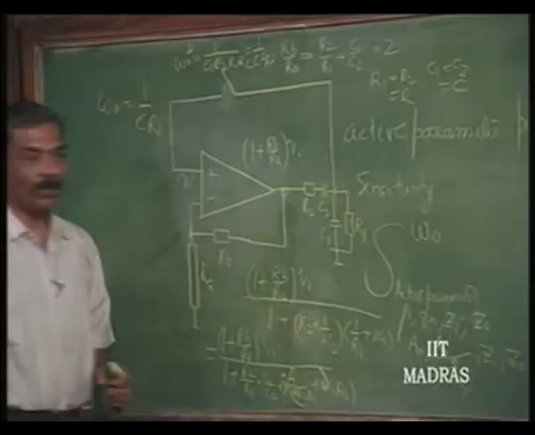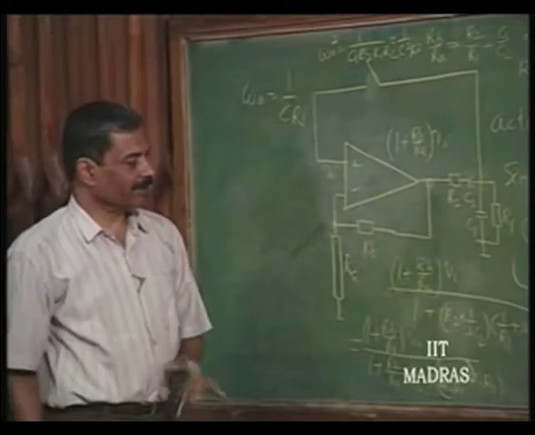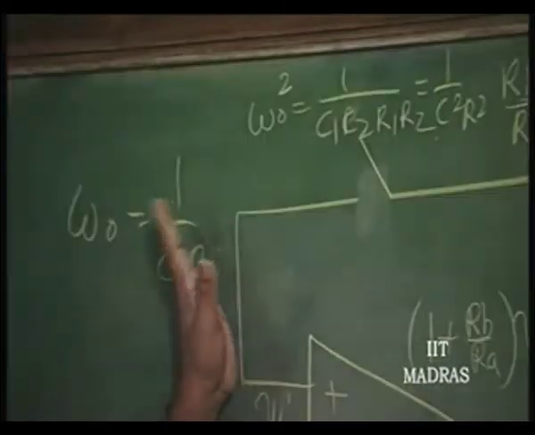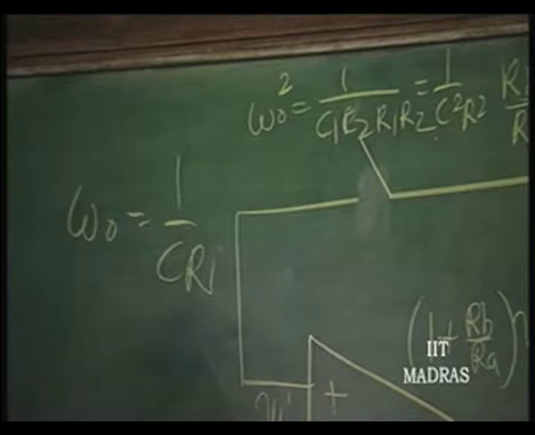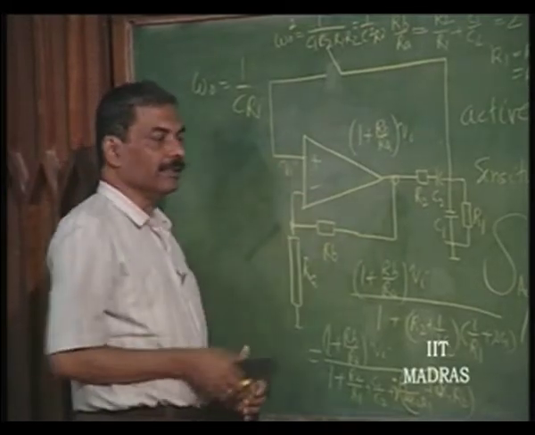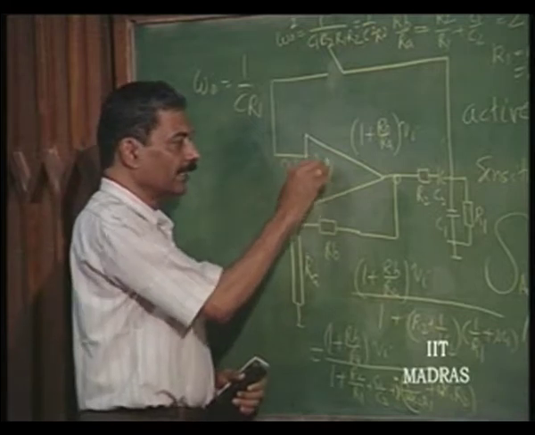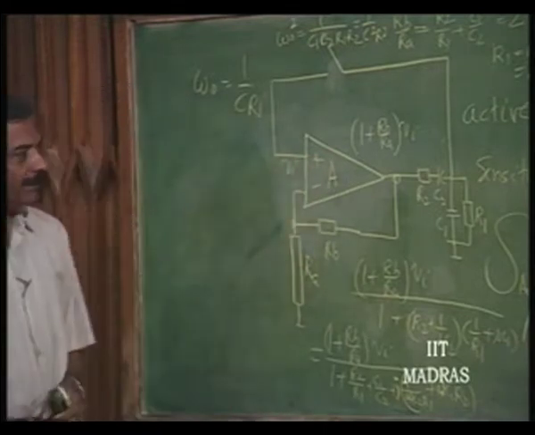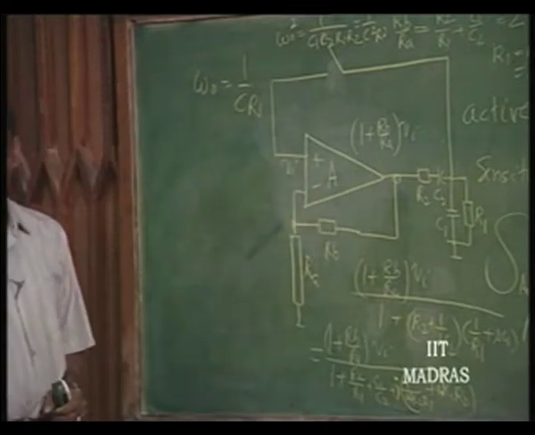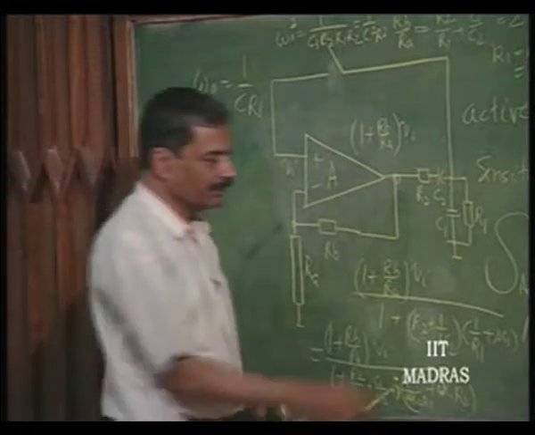Now, what is active parameter sensitivity? Passive parameter sensitivity is clear. The gain here is finite, let us say A, it is not infinite. I am considering only one aspect here.